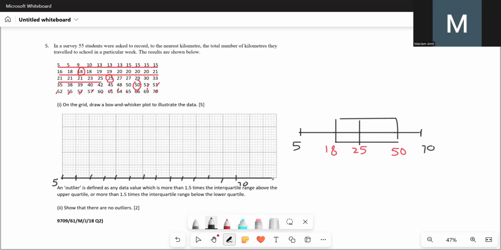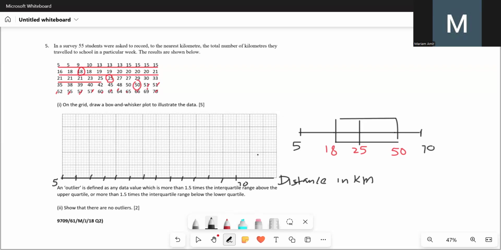So yeah, that would fit. So properly mark all the values on the x-axis and label the x-axis, which would be distance in kilometers.